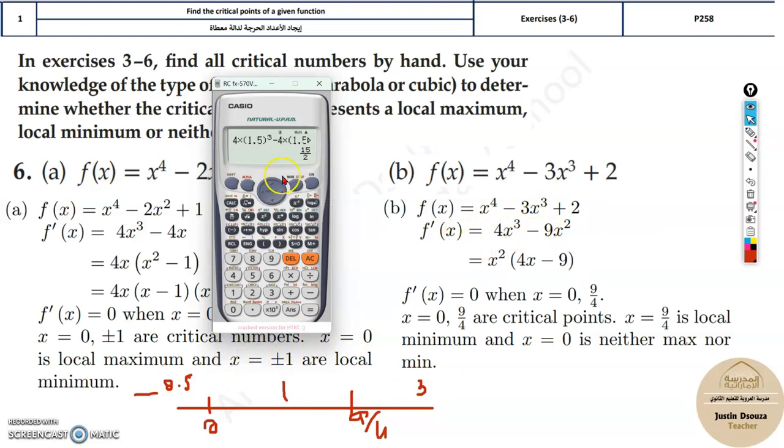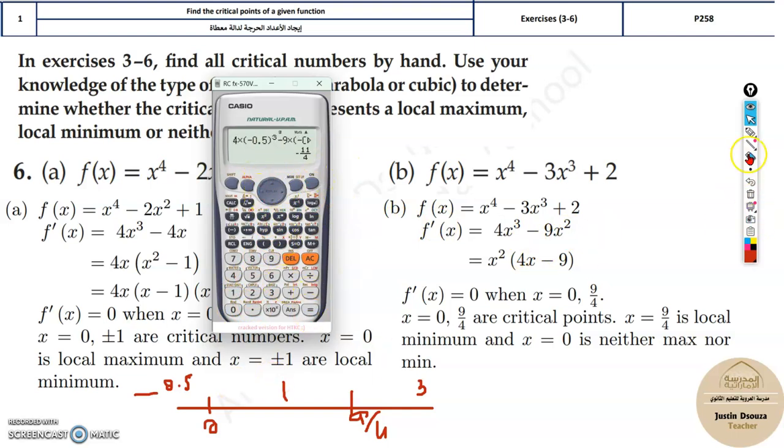We have to put in the derived equation, that is 4 multiplied by x, that is minus 0.5, the whole cube, minus 9 into minus 0.5 squared. Okay, this is done. Now over here there is an important thing.